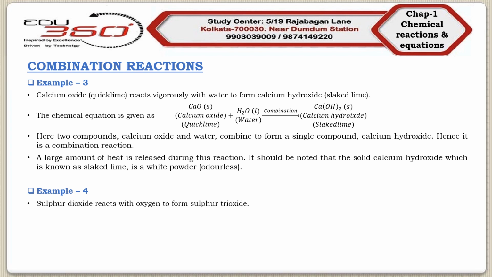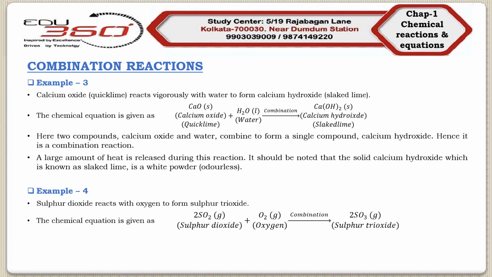The chemical equation for this combination reaction is given as 2SO2 + O2 → 2SO3.